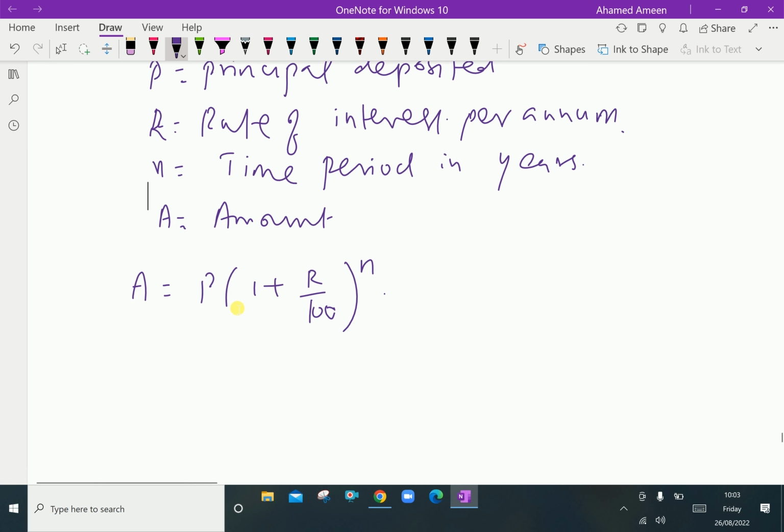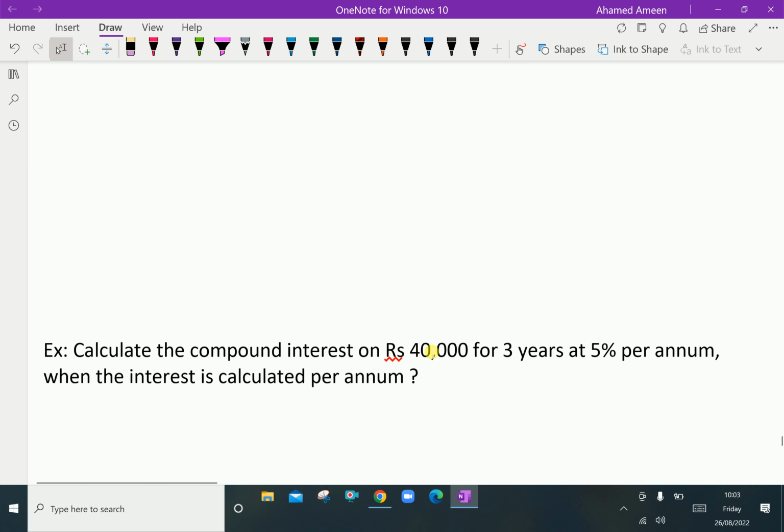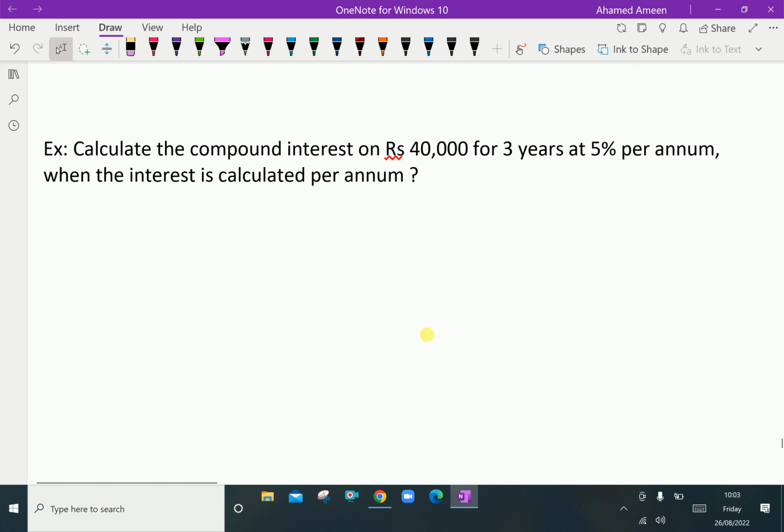By using this formula we can find the amount, that is principal with interest. Then amount minus principal gives the compound interest. Let us do some example problems regarding this concept.